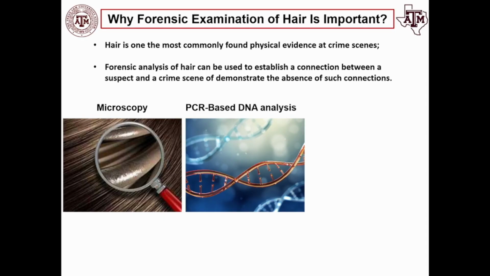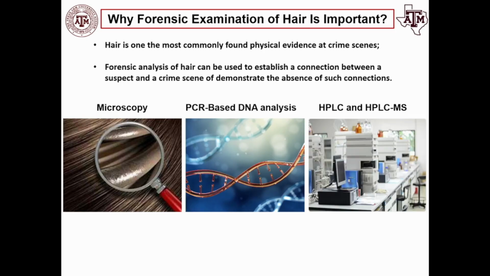And by all means, it's the gold standard of forensics, but the problem is there are too many samples waiting in line, and it takes months for the forensic laboratory to release results, and obviously all of this time the suspect will be in detention facilities, and it's not ideal. I also want to mention that HPLC and HPLC-MS are broadly used to look at illicit drugs and explosives that can be present on hair, and perhaps many of you in this audience utilize these great techniques, again, to advance the forensic analysis of hair.